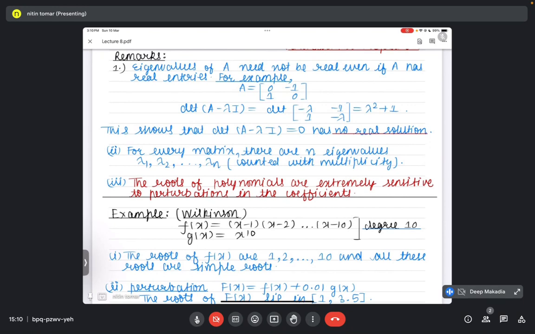Because lambda square plus 1 cannot be 0 for any real number, okay? No real solution.